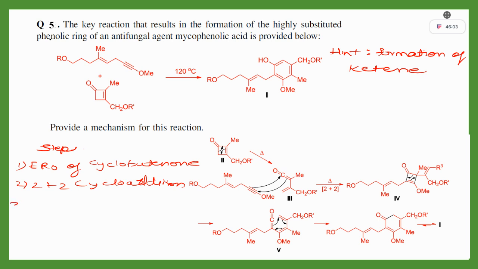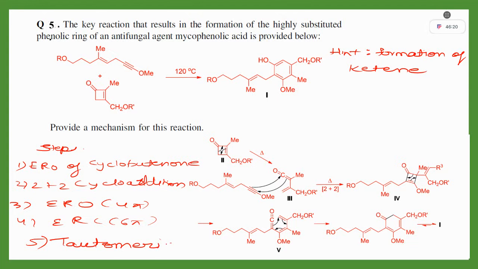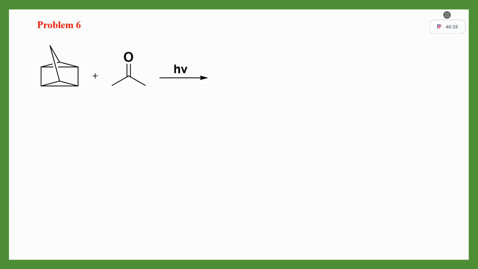Electrocyclic ring opening, electrocyclic 4 pi. Electrocyclic ring closing, 6 pi. And last, tautomerism. That can give you this product. Understood? Yes or no? If yes, let's move ahead.